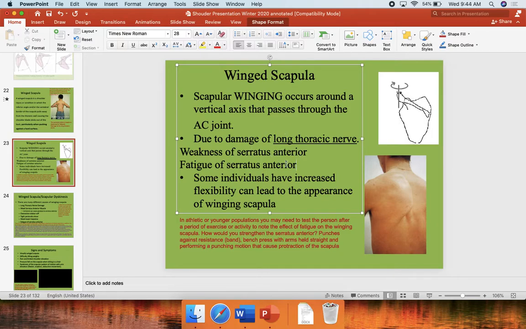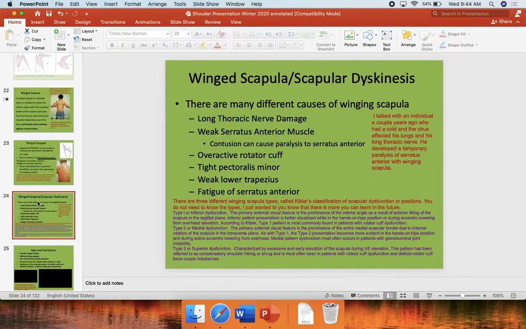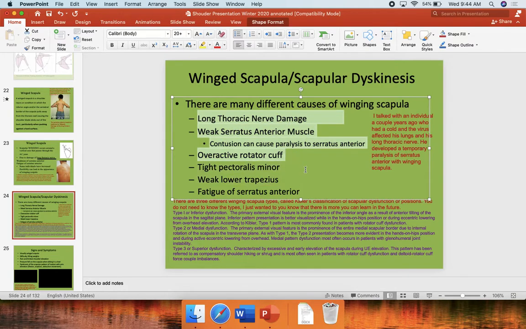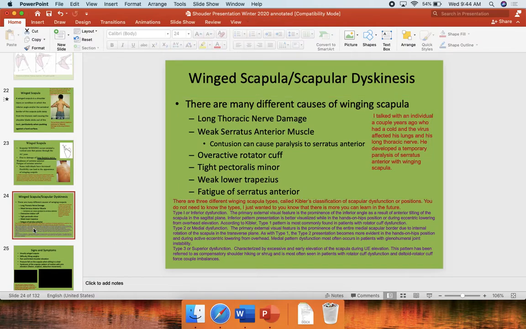It can also just be due to overuse over time. So we'll keep going down here. Many different causes of winging of the scapula: serratus anterior weakness, long thoracic nerve damage, and then that general instability that I was talking about.